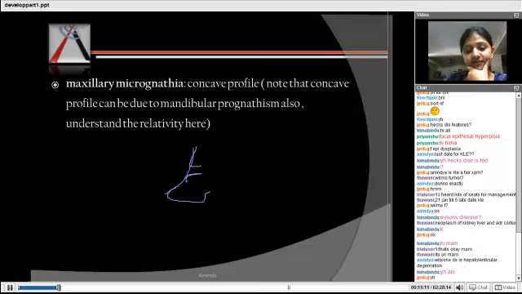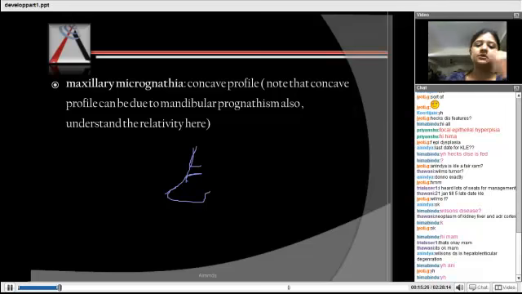Now the reason for this concave profile does not always necessarily mean a maxillary retrognathism. The reason could also be a mandibular prognathism. You just have to understand the difference over here. If your maxilla is small and your mandible is normal, you will still have a concave profile.